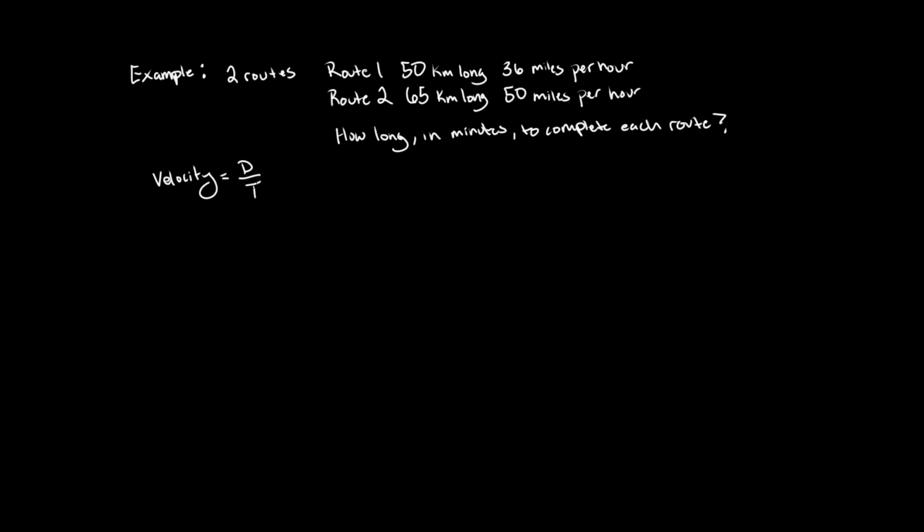Because we have d over t is equal to v, if we wanted to remove t from this side, we need to multiply both sides of this equation by t. On one side you see that the t's cancel. So we can also say that time times velocity is equal to distance.